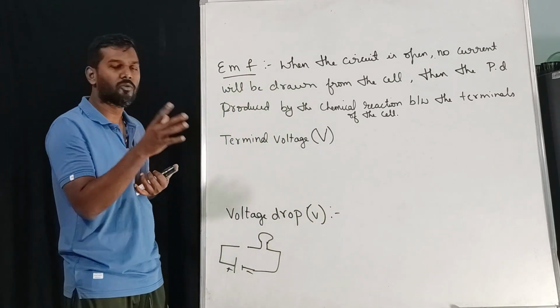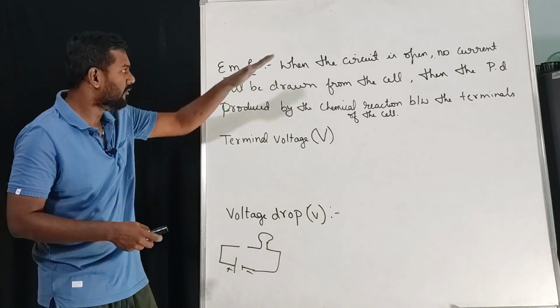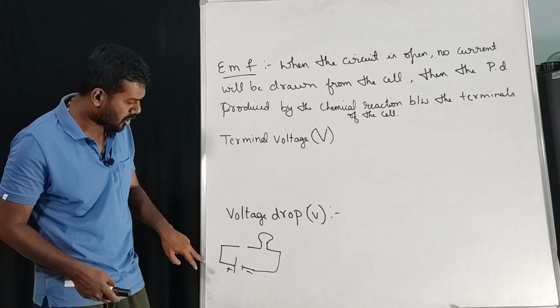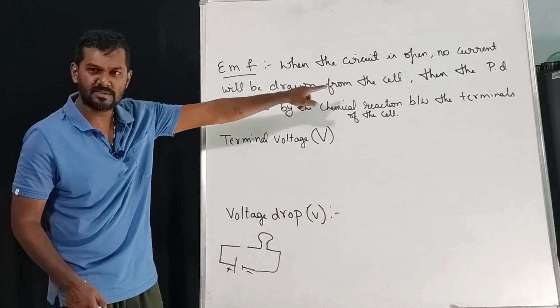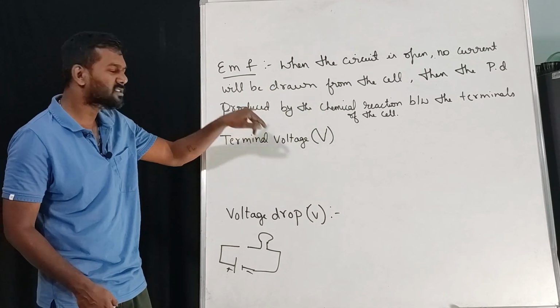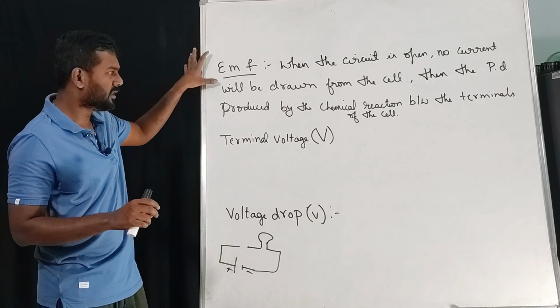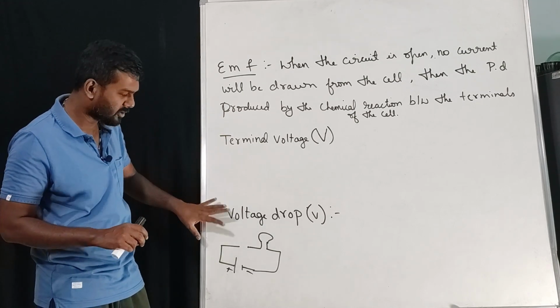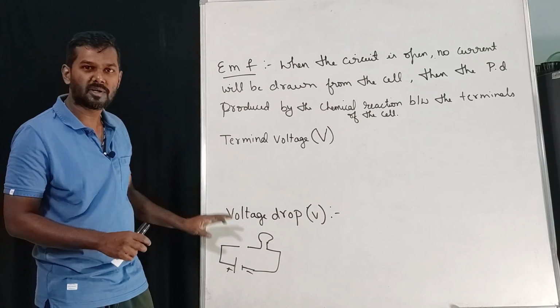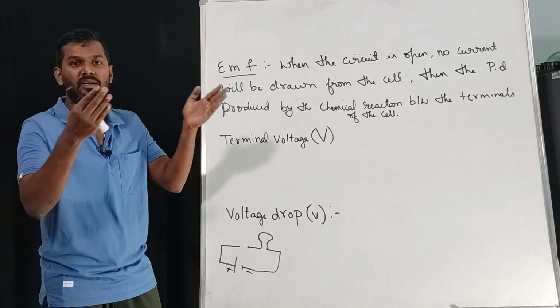See how you can write the definition of EMF. When the circuit is open, no current will be drawn from the cell. Then the potential difference is nothing but the voltage. See, all the three, EMF, terminal voltage and voltage drop, all the three represent voltage only, but in different ways.